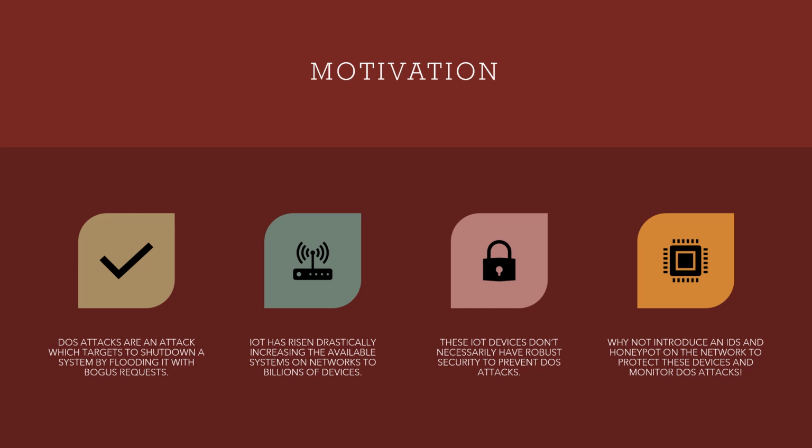So why not introduce an intrusion detection system and a honeypot on the network to direct the traffic of a denial of service attack away from your server to a honeypot to gain information on these DOS attacks that are coming and better prevent them from affecting you.